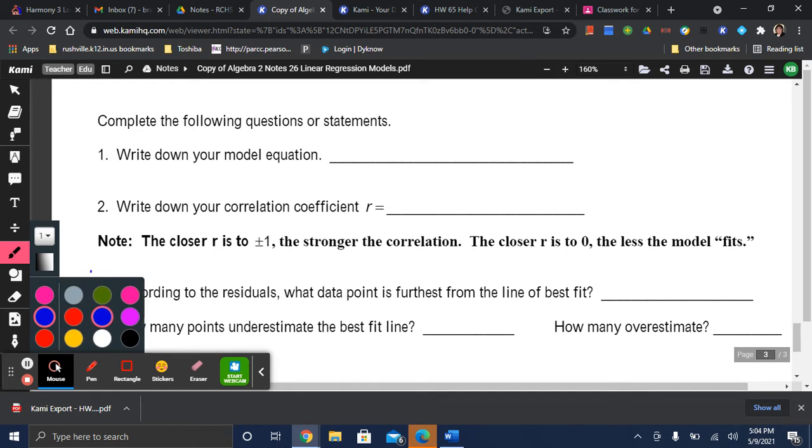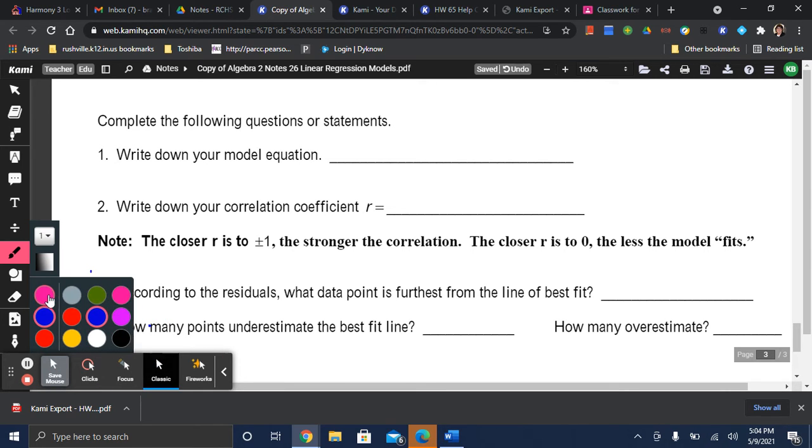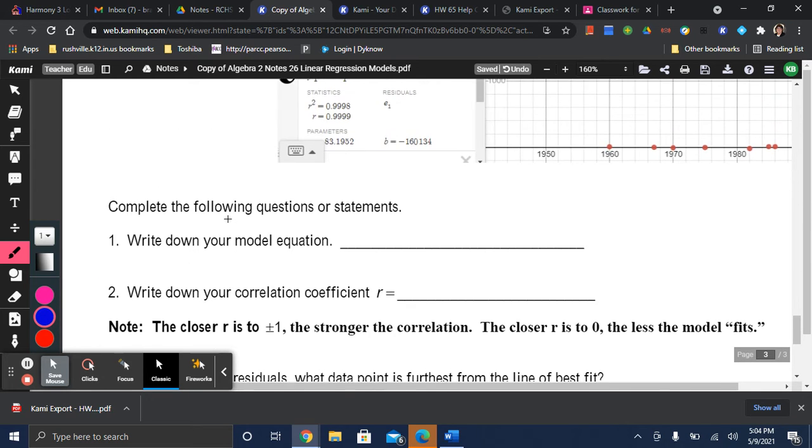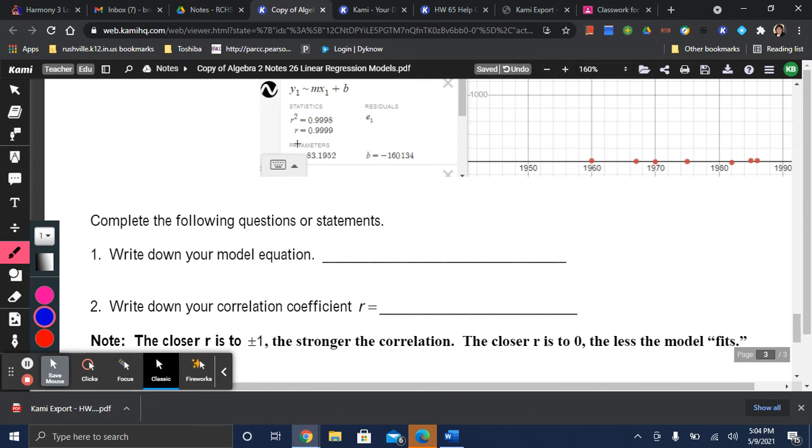All right, I'm going to have you go back and look at this part right here.